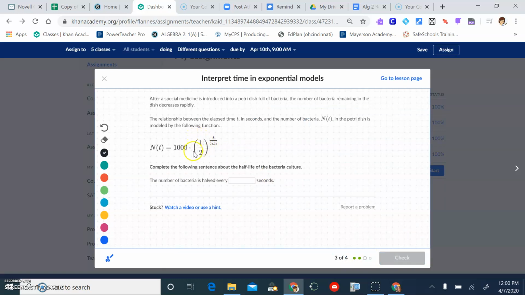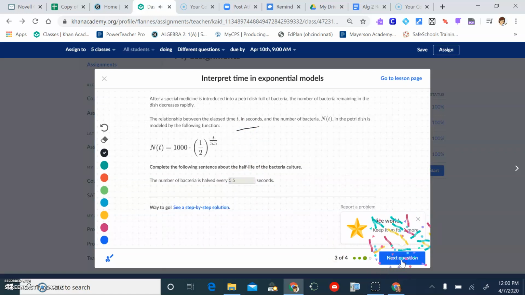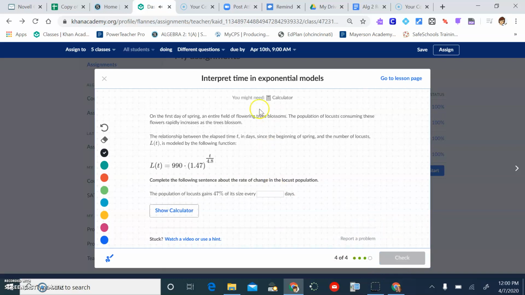This one, it's being cut in half once per 5.5 seconds, right? This is in seconds. So once every 5.5 seconds, no big deal. This is a quick one. So this interpreting time is quick.